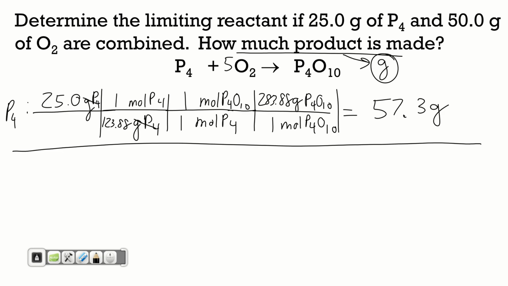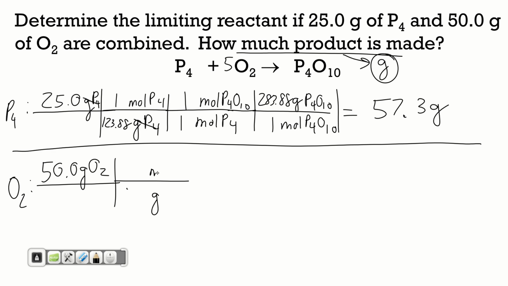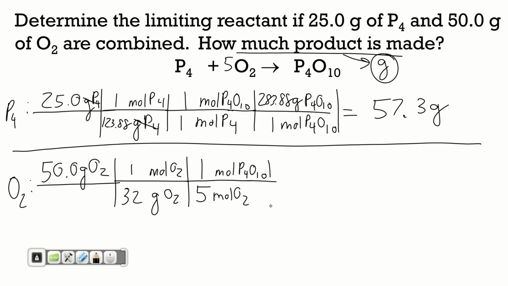What about the 50 grams of oxygen? 50.0 grams of O2. Grams to moles. There's 32 grams per 1 mole of oxygen molecule. I'm going to go from moles of O2 to moles of P4O10. 1 to 5. And then moles of P4O10 to, not moles, sorry, grams of P4O10.